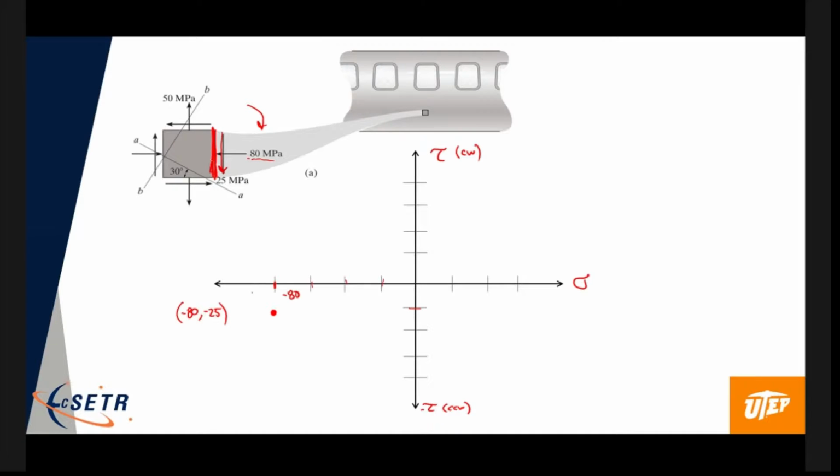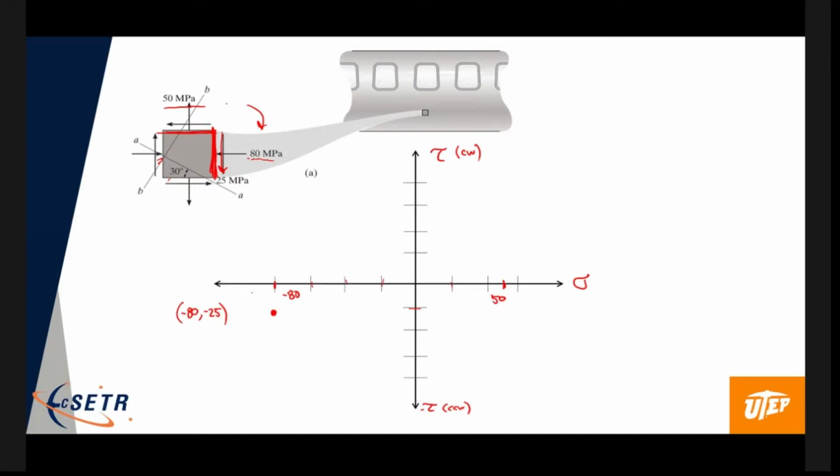Okay. Now let's do the top face. Again, you could have done the left face and the bottom face, but they give you the same points. But I always do the right face and the top face. So now let's do the top face. Normal stress gives me the X component. It's a positive 50. So 20, 40, 50 is about here. Okay, so that's positive 50.